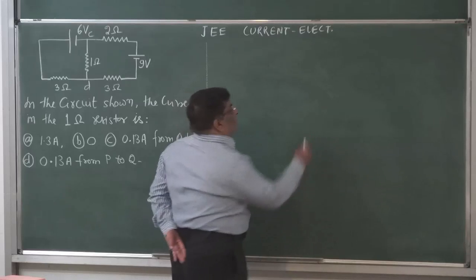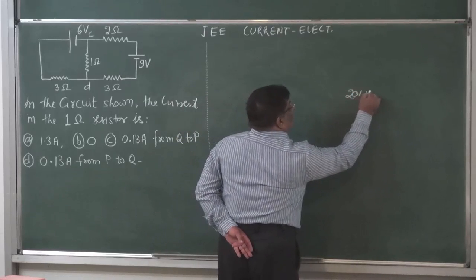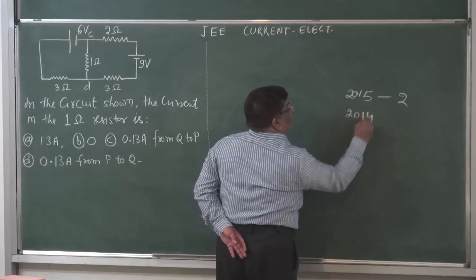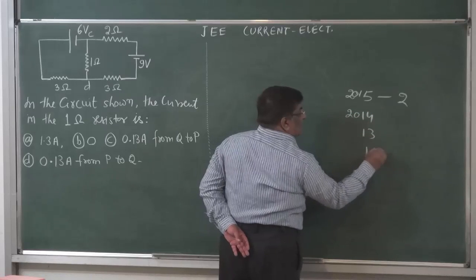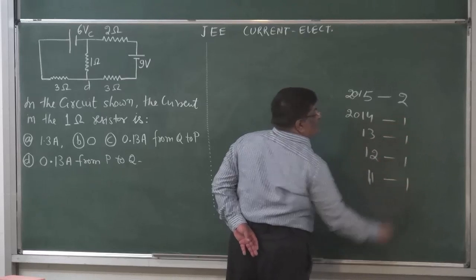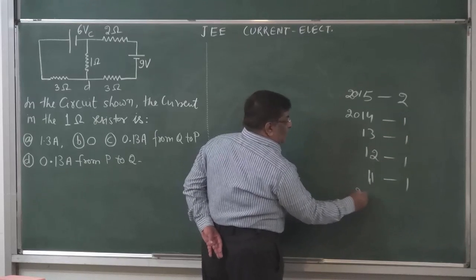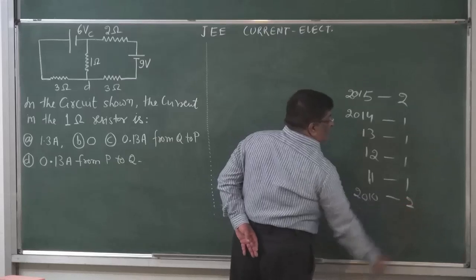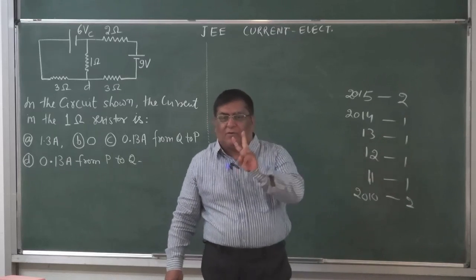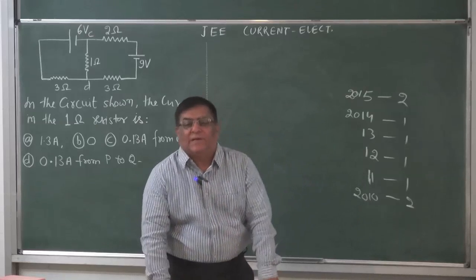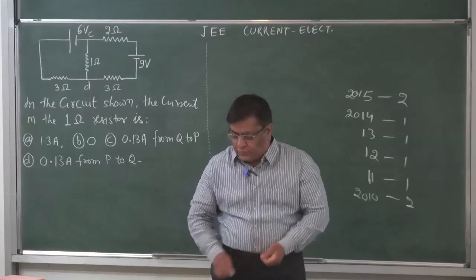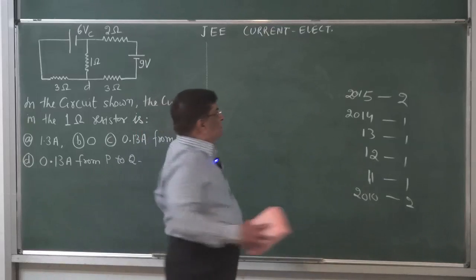Last year in 2015 there were only 2 questions, but in 2014, 13, 12, 11 there was 1 each, and in 2010 there were again 2. So we find there will be either 1 or 2 numericals in JEE. We should be prepared for 2, so accordingly we can give weightage to it.